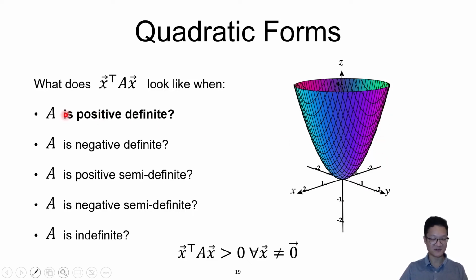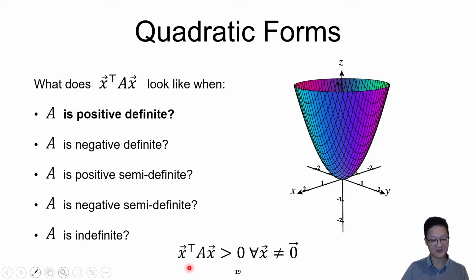So when A is positive definite, the quadratic form actually looks like a bowl. So it's actually a paraboloid. You can see that because everything starts at 0 and the whole thing opens up, there is no x that you can plug in other than x equals 0 such that the result is 0 or less.